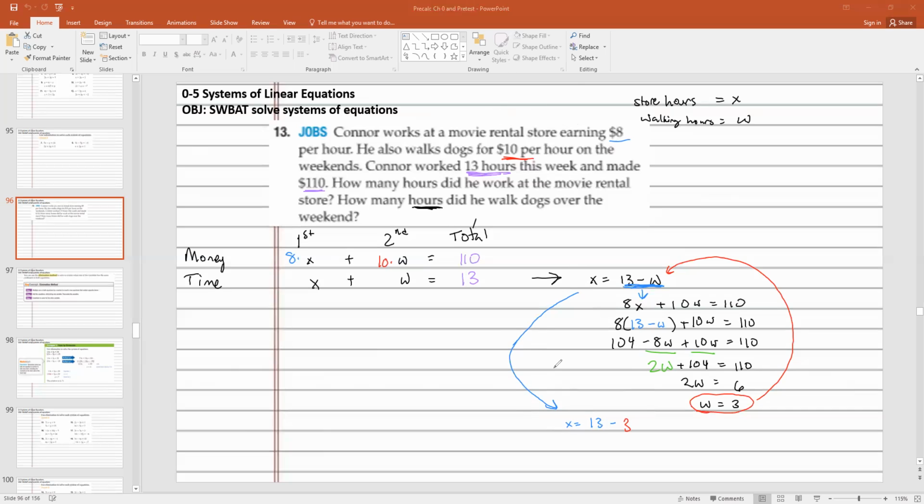And there we get x equals 10. This is 10 hours, and the other one is 3 hours. So he worked at the movie rental store for 10 hours, and then he worked as a dog walker for 3 hours. That's how you get your answer. Let's put that on the notes.